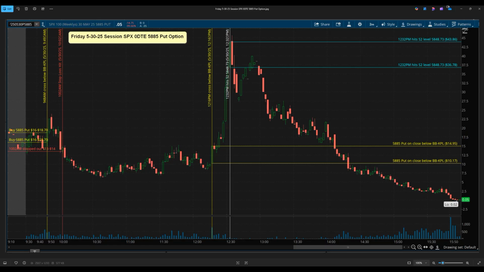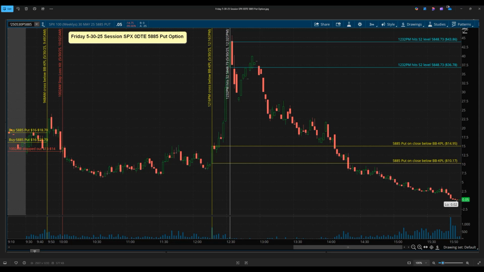But basically, this was the 9:48 to 9:50 right here. You have the 58.85 put, 16 to 18.70. This is this candle here of where it closed below the bull bear key price level.